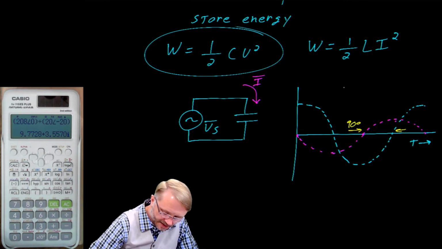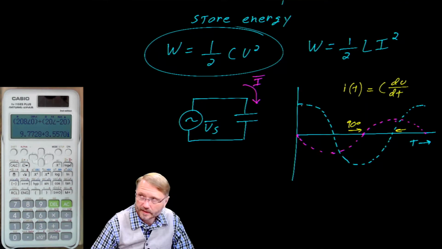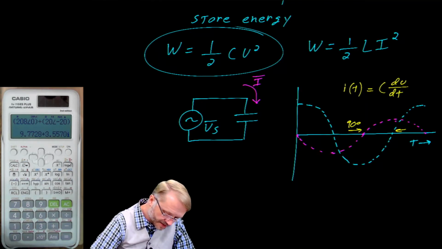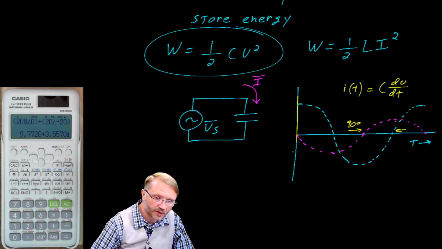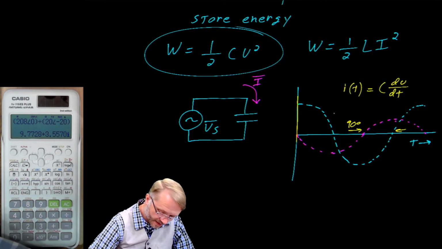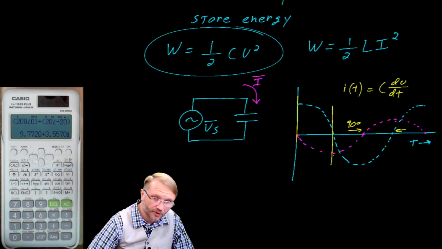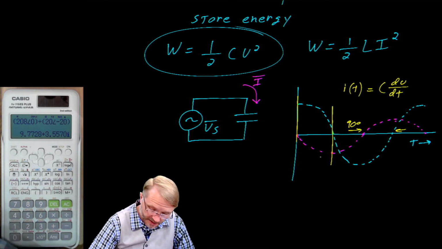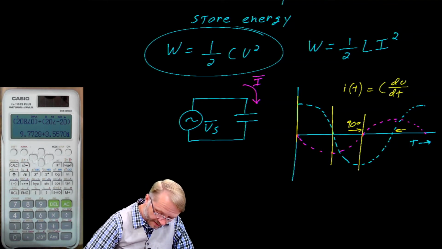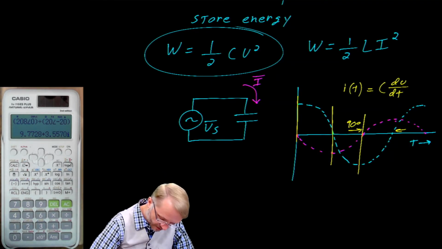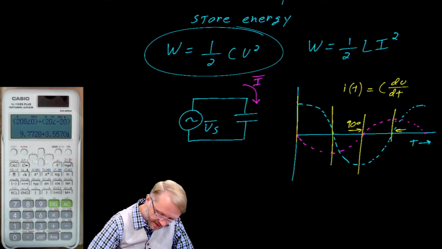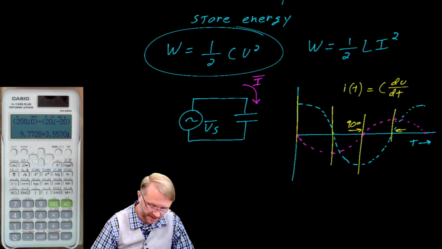And that's not entirely unexpected when you consider that the current on a capacitor is the capacitance times the derivative of the voltage. This has some interesting implications. Here we have maximum voltage, no current. At this point we have no voltage but maximum current. Here we have another maximum voltage but no current. And here is no voltage but maximum current.